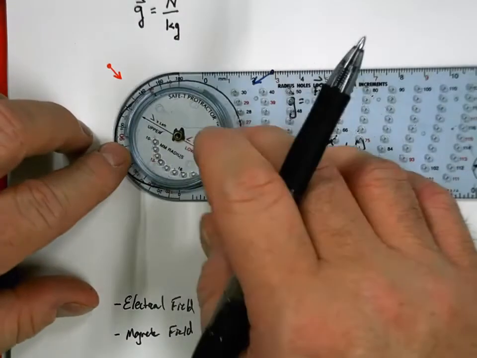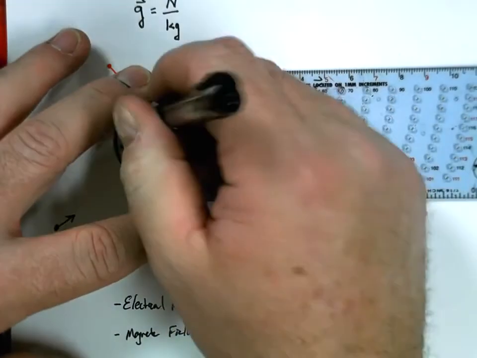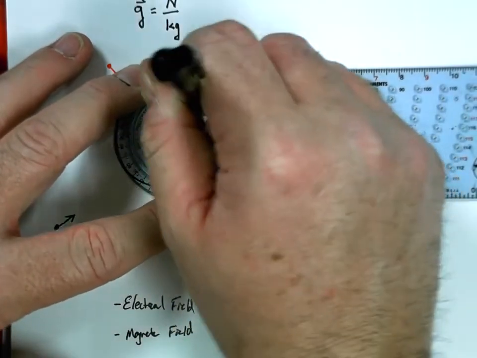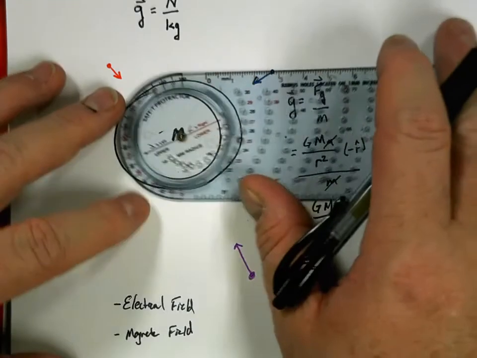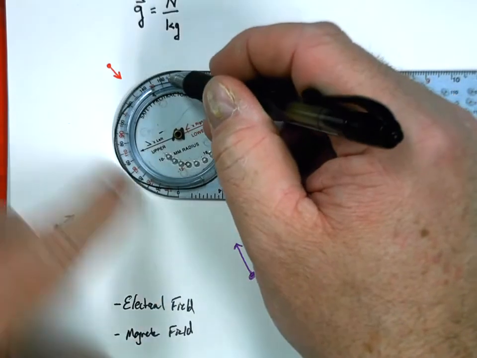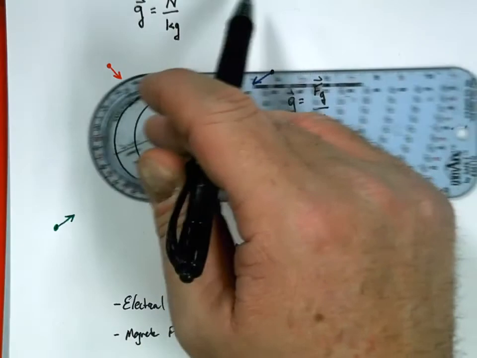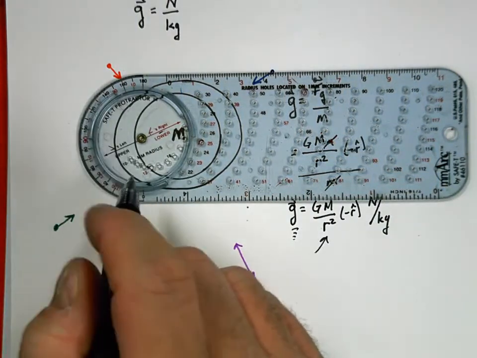So here's the center, and now this is what I need to do to draw my circle. Let's draw this just for the heck of it. Now there's a circle. But if we start drawing each one of these little teeny tiny ticks around the edge of my protractor here, each is a line shooting out of the M.